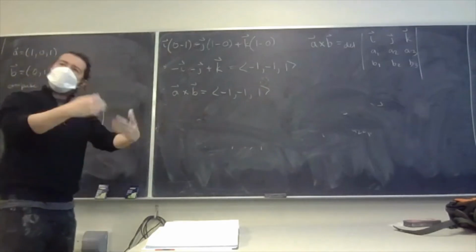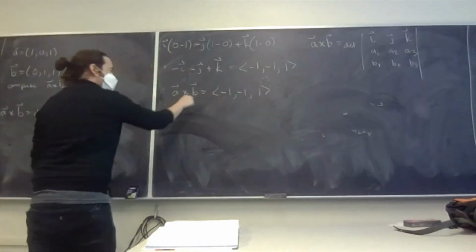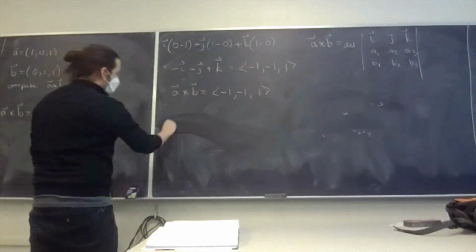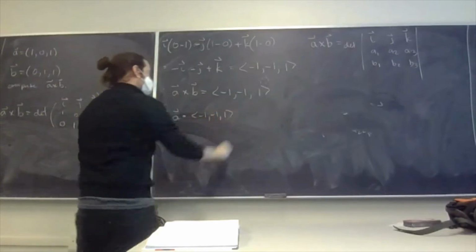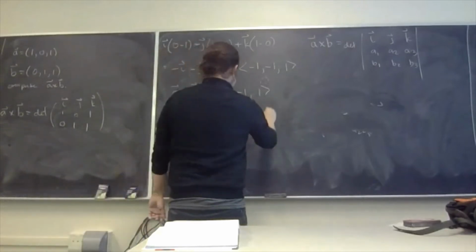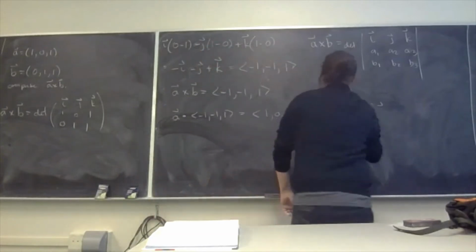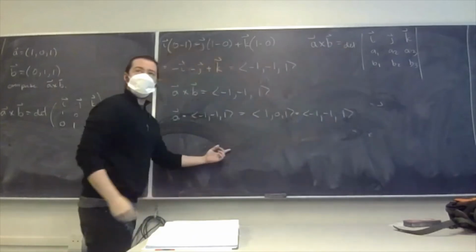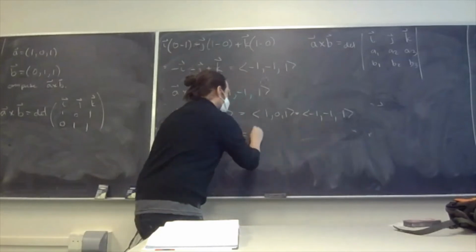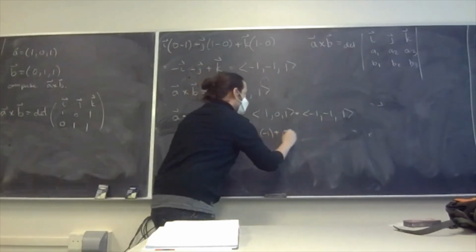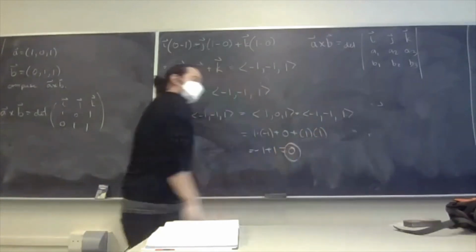Now, what is the main reason why we do this? Well, what happens if I take a dot product of this vector with either one of the original ones? If I take A and take its dot product with this, that's the same as (1, 0, 1) dotted with (-1, 1, 1). I know how to compute a dot product. I just take first times first plus second times second plus third times third, which gets me 1 times negative 1 plus 0 plus 1 times 1, which is minus 1 plus 1, which is 0.